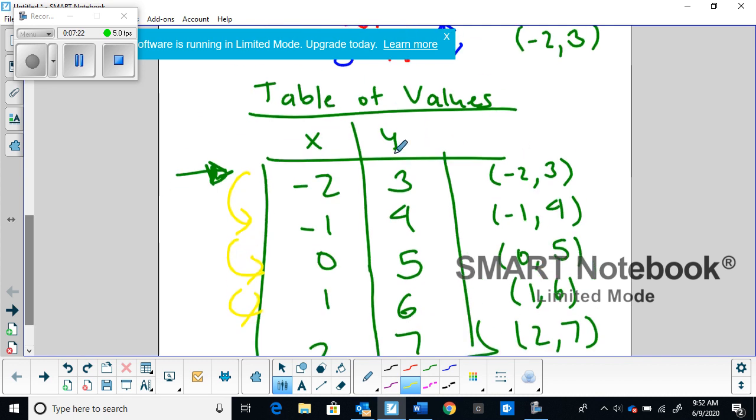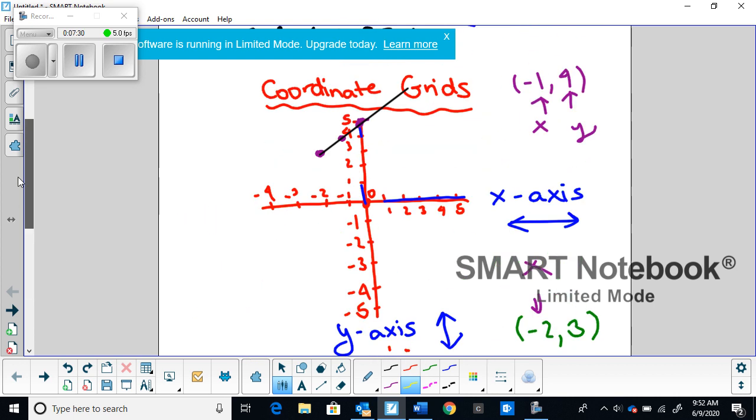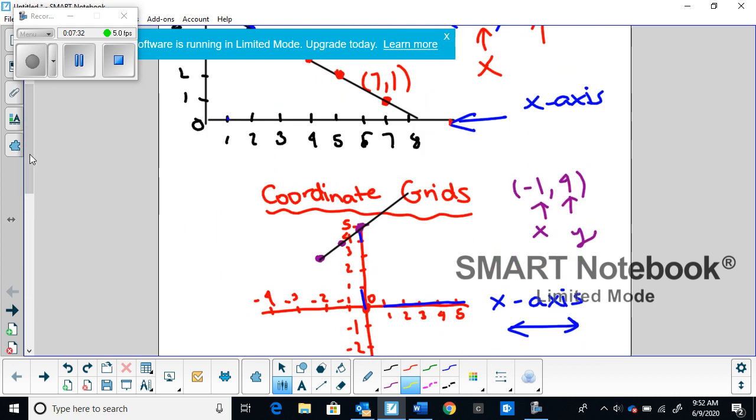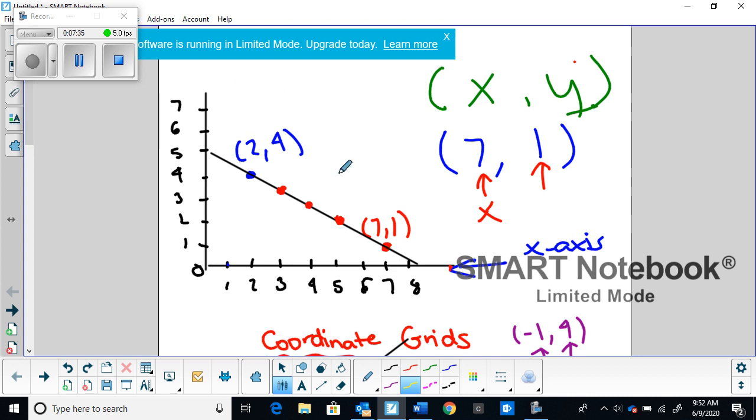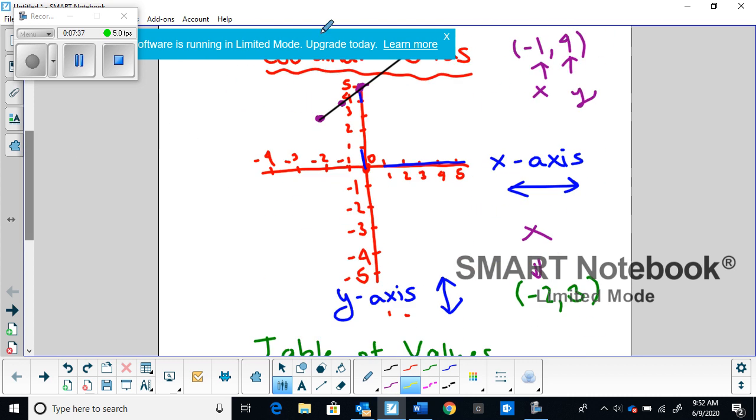If you notice, as I go up in x values, my y goes up by 1. That's a pattern, and we're going to use those patterns to come up with simple equations for our linear relations, or equations that form a line when you plot those points. Plotting points means we take that coordinate point and put it on the graph.